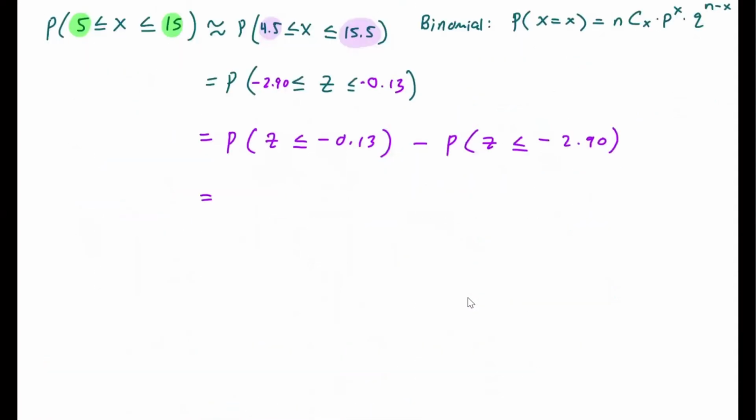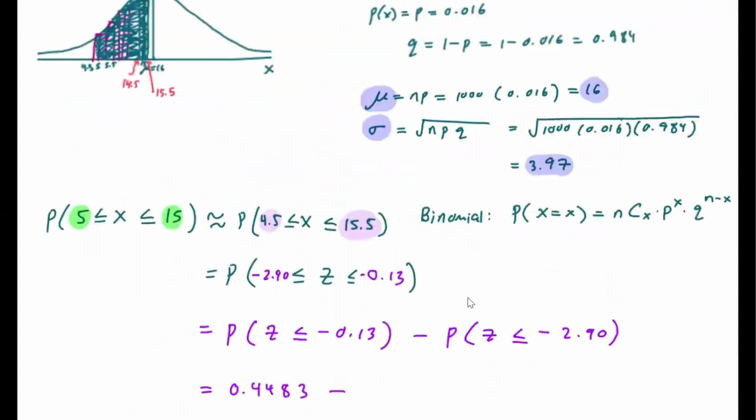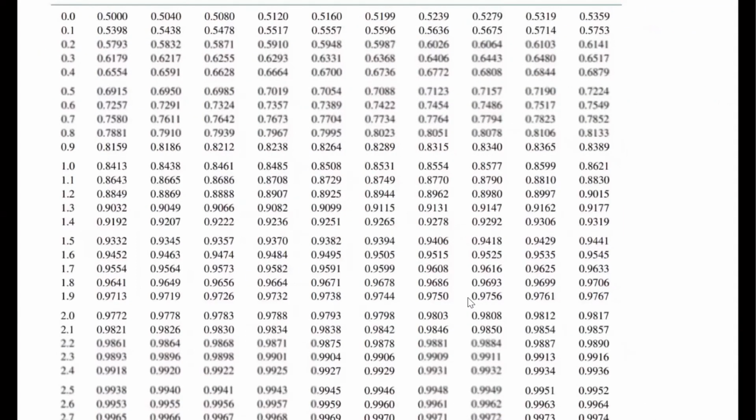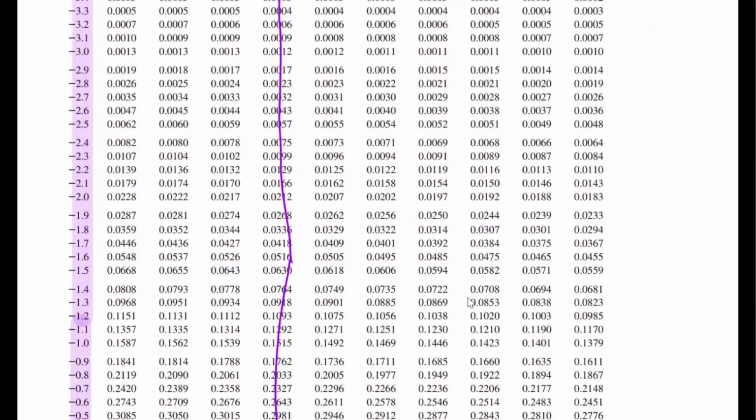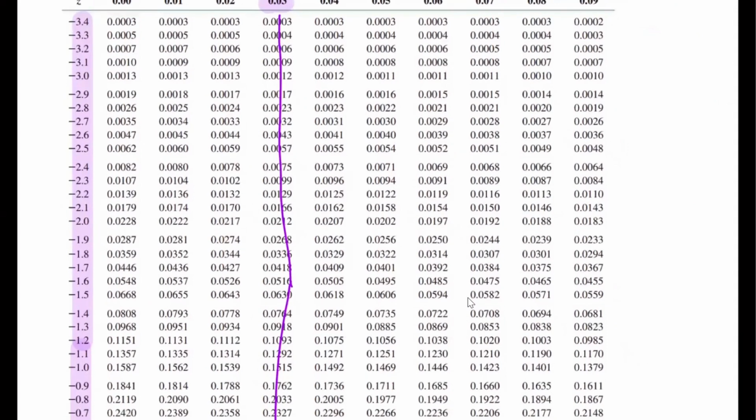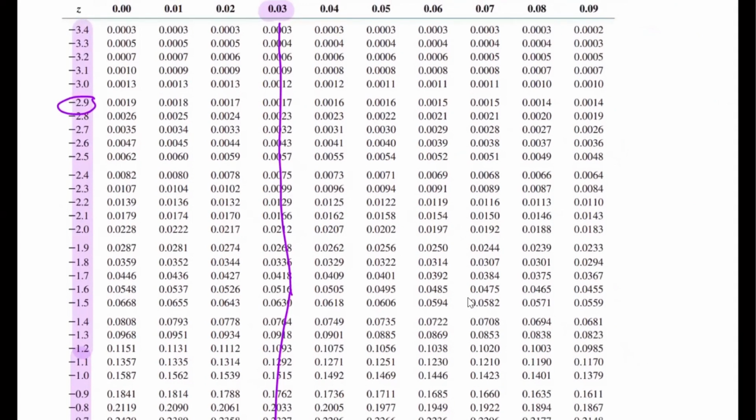So this is 0.4483 minus, now we go back up and read off this one. Vertically, we're going to look for negative 2.9. Horizontally, it's just 0.00. So negative 2.9 should be up here. So 2.9 is right here, and 0.00 is right here. So the area is 0.0019. That's the area. So we write that down here.